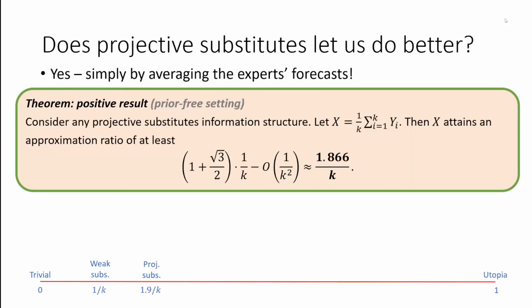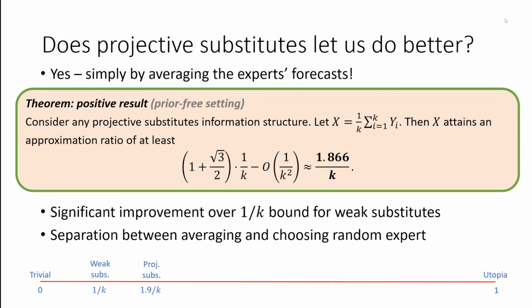So does projective substitutes let us do better? The answer is yes. And in particular, it lets us do better simply by averaging all of the experts' forecasts. So averaging the experts' forecasts gives us an approximation ratio of roughly 1.866 over K, which is a significant improvement over the 1 over K bound for weak substitutes.